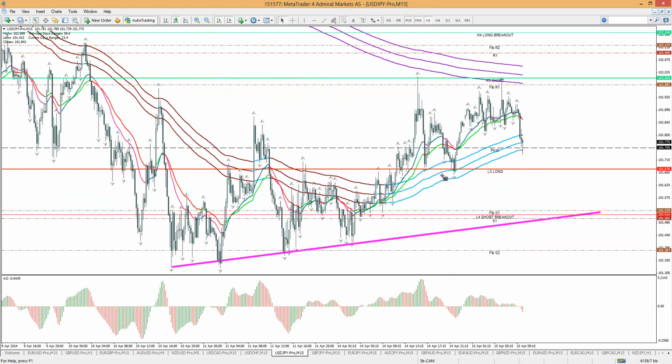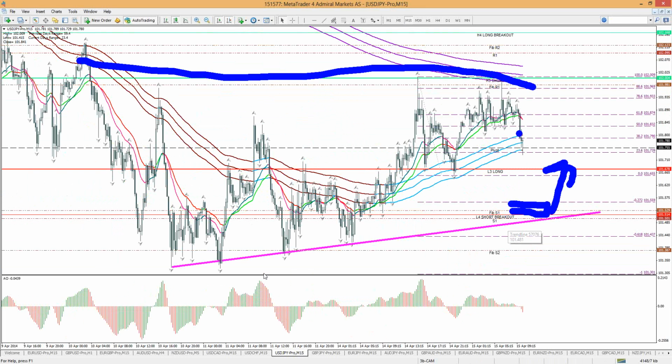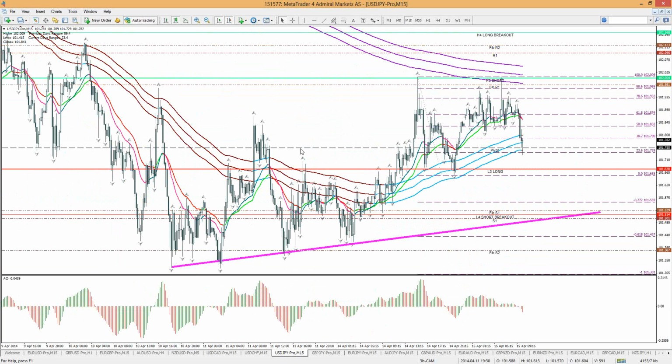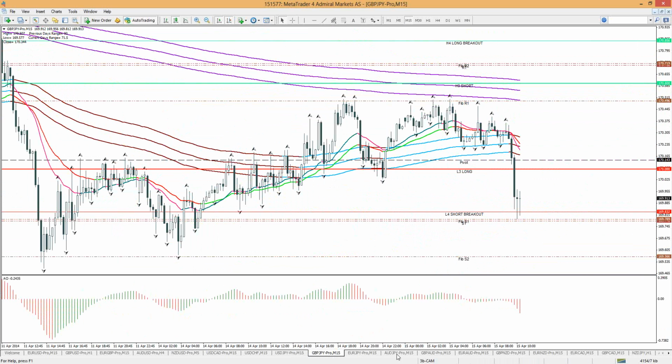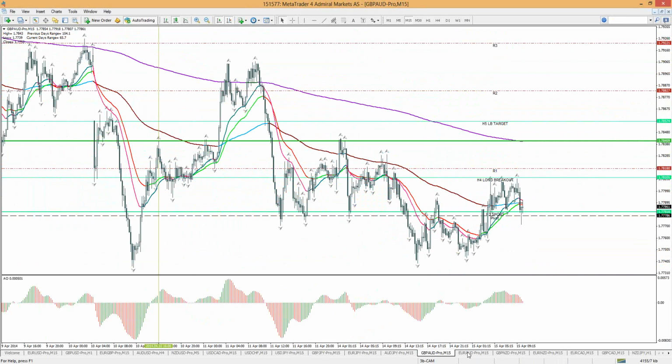If we put a fib on this downside, we can see minus 272 here as well, roughly at about 101.50, which in my opinion would be a range trade because it would be trading to bounce off the trend line. That could be something to keep an eye on if you like range trades, personally. Otherwise I'm not too interested in the yen crosses.